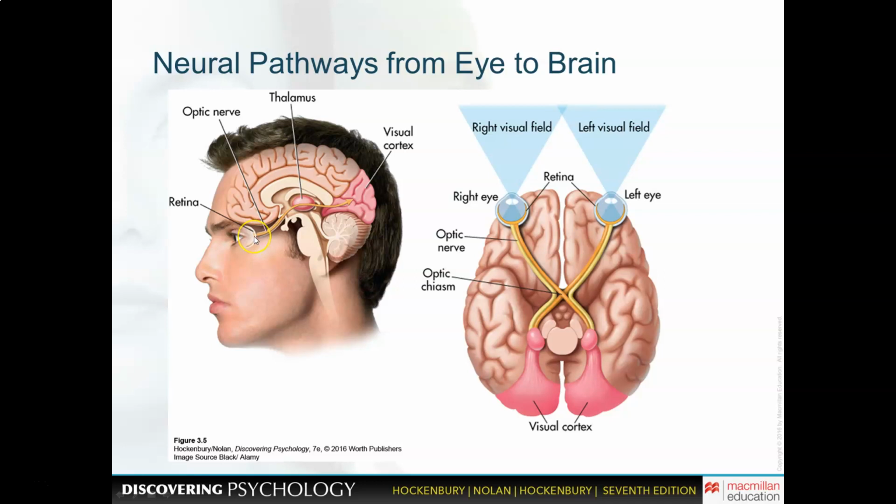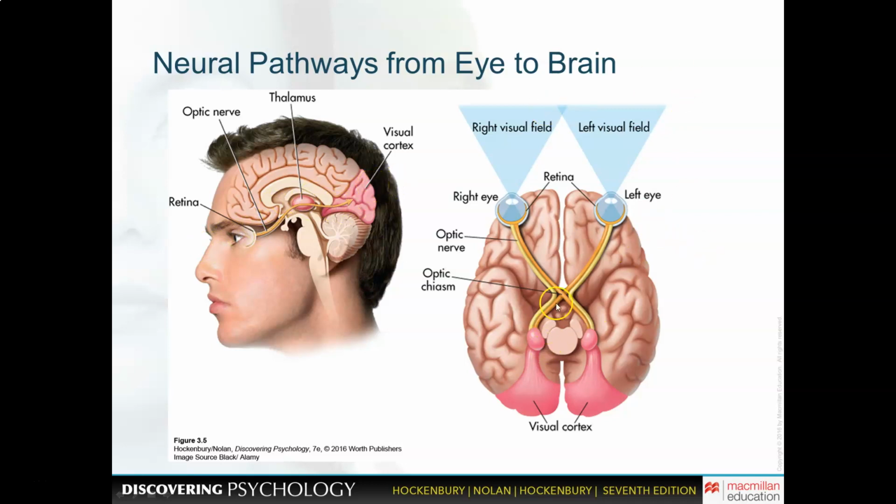Once it's encoded into neural signals, that is transferred through our optic nerve, this long nerve right here. And this travels all the way to the back of our brain to what is called the visual cortex, and that is where our vision is processed. So it travels all throughout the brain here.